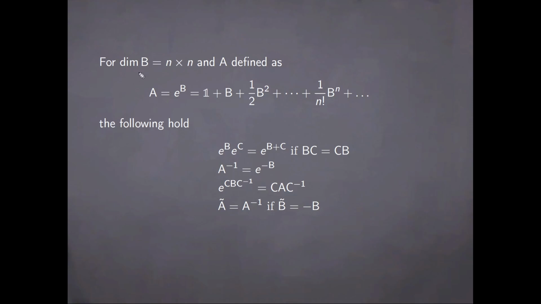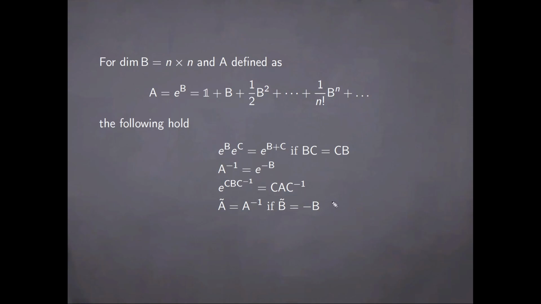And for a matrix B, which is diagonal, having dimension n times n, and with the matrix A defined as its exponential through the power series expansion of the exponential here, the following identities hold. We will not prove them here, but they're very easy to see by applying the definition of the exponential of a matrix as given here.